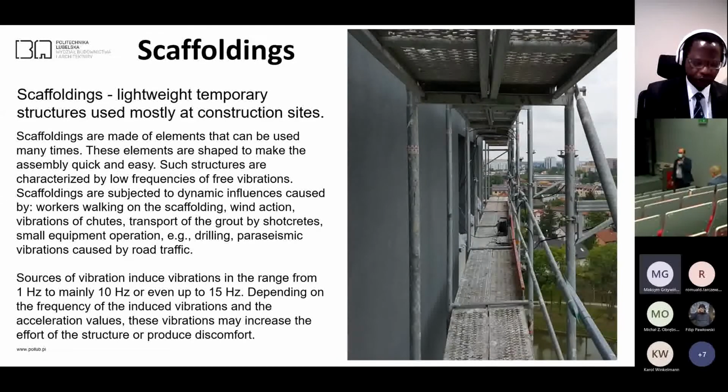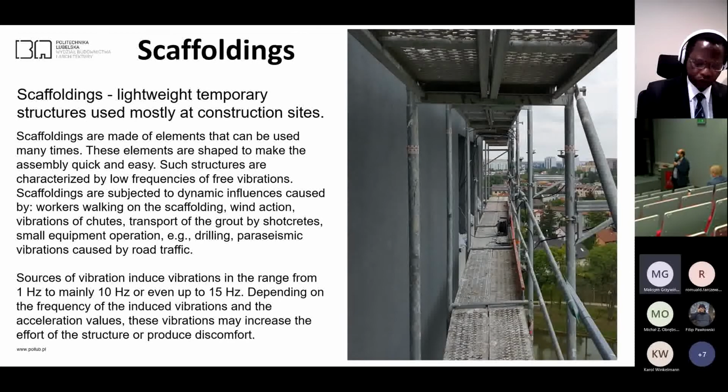These are lightweight, temporary structures mainly used at construction sites. At construction sites, they are prone to vibrations excited by the equipment present there, and also by the workers working on the decks of scaffoldings.